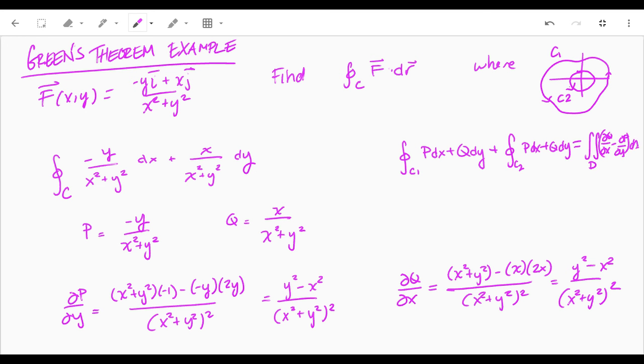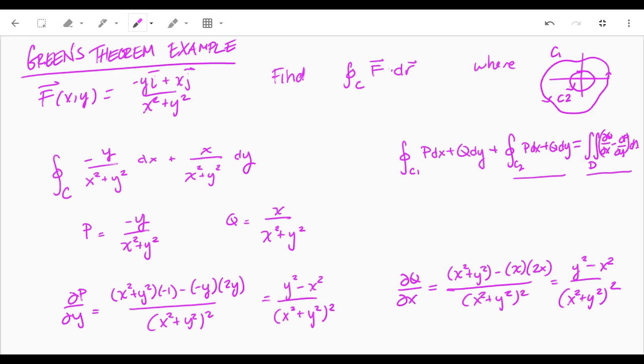So here's the thing. We can choose C2 so that we can find this fairly easily. And then we can also calculate this, which you might think is going to be super confusing because how do we parameterize that kind of arbitrary C1?